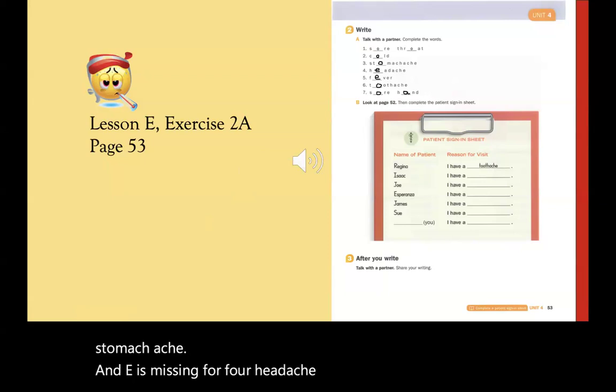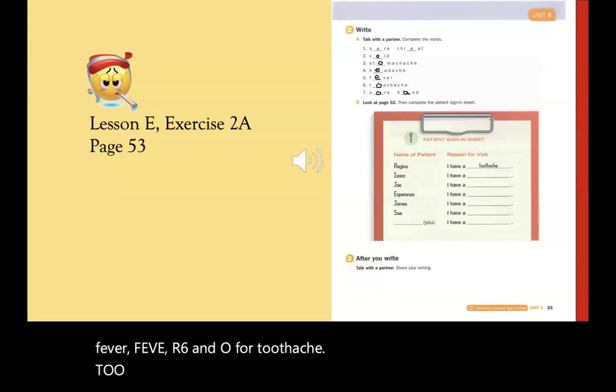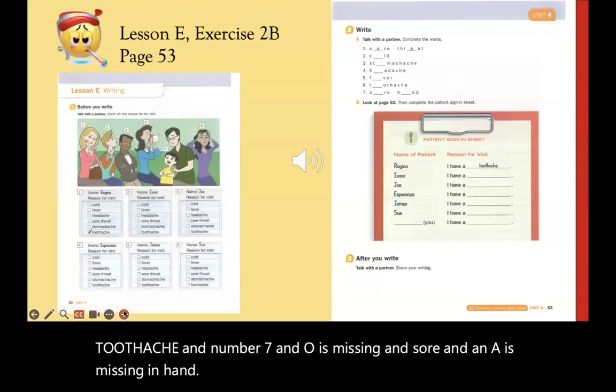It's also missing in 5 for fever, F-E-V-E-R. 6, an O for toothache, T-O-O-T-H-A-C-H-E. And number 7, an O is missing in sore, and an A is missing in hand. Let's check our answer.